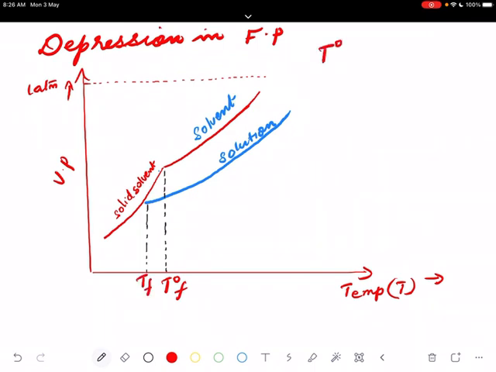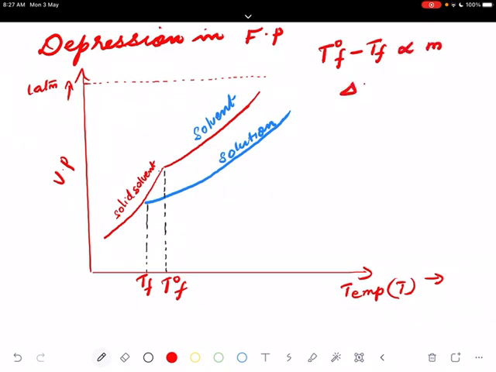So T naught F, that is higher. Difference is always positive: higher minus lower, T naught F minus TF. Whether it is in Kelvin scale or degree Celsius scale, it is the same, and it is a positive quantity which is proportional to molality.